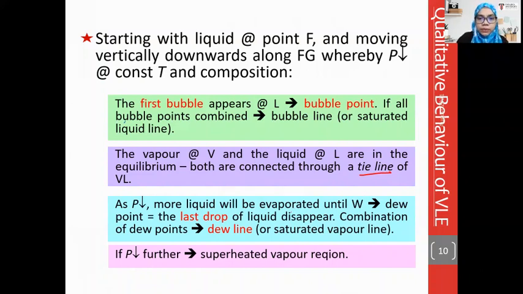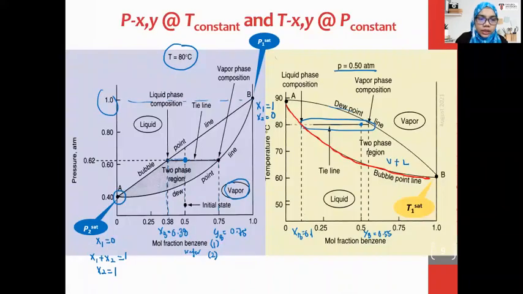I will explain this later for the 3D diagram. The last drop of the liquid disappearing here is known as the dew point. The combination of dew points is known as the dew line. Back to here, we have this. This is our dew line.